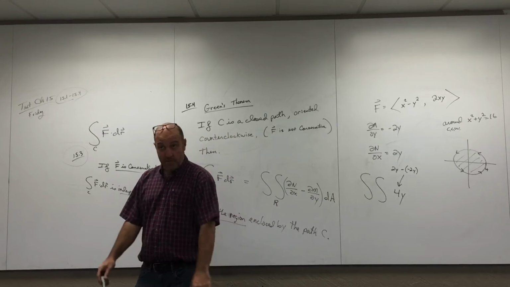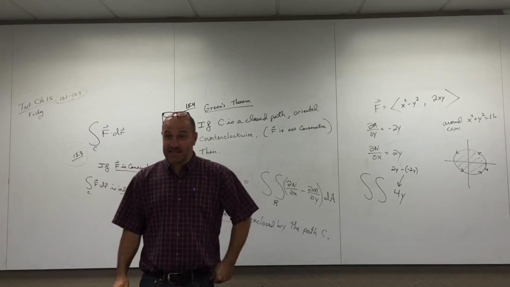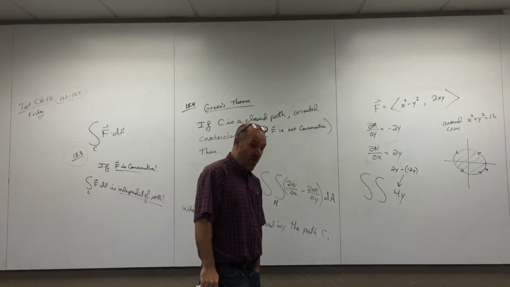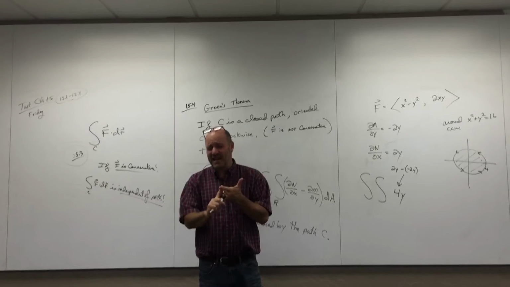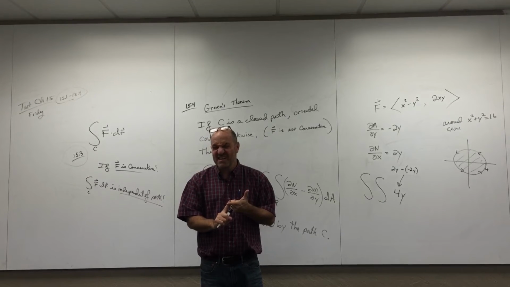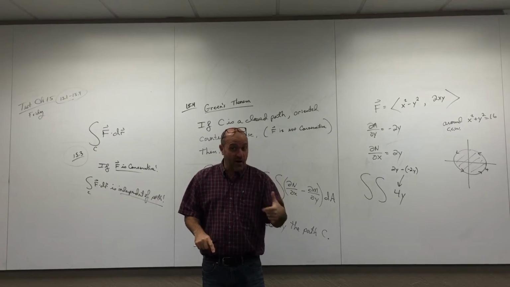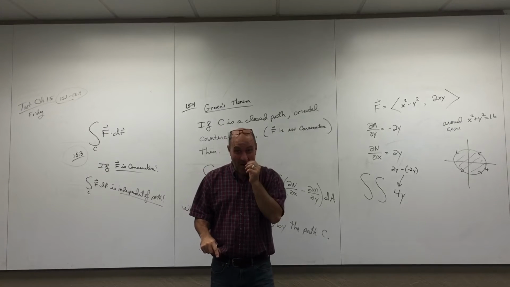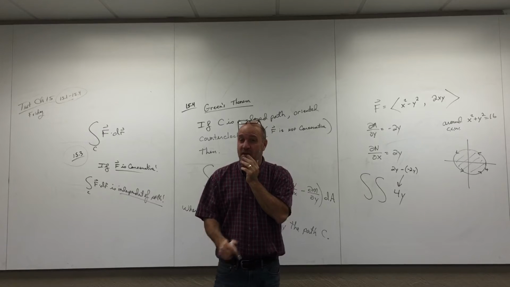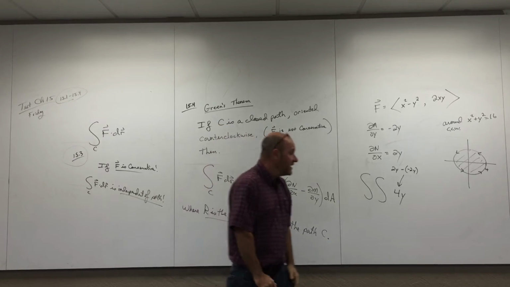dA can be dy dx, dx dy, or any other ideas? dA can be dy dx, dx dy, or r dr d theta. It comes with that extra r. In fact, look what I'm doing.